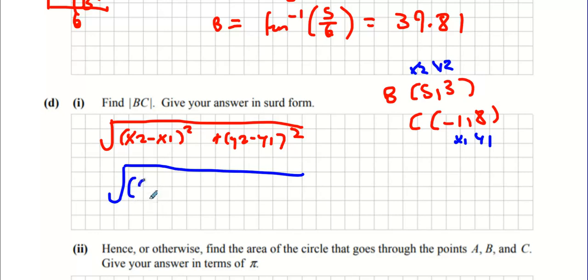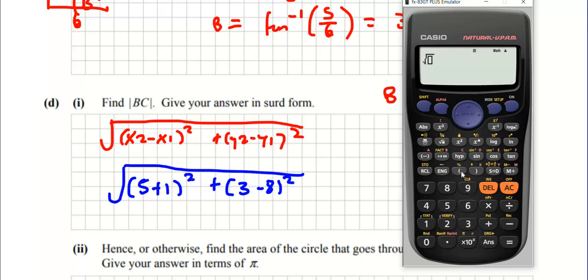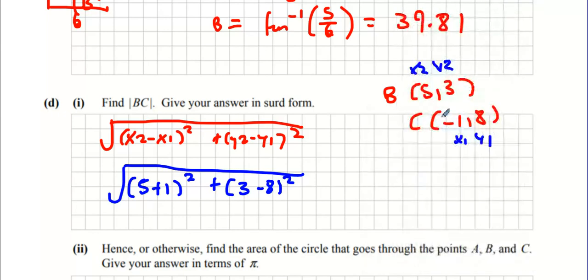So it's x2, which is 5. Remember, it's minus minus, so minus minus 1 is a plus 1. And then y2, which is 3, take away y1, which is 8. Enter all that into the calculator. Root 61. Just keep it as root 61 because you want the answer in surd form.